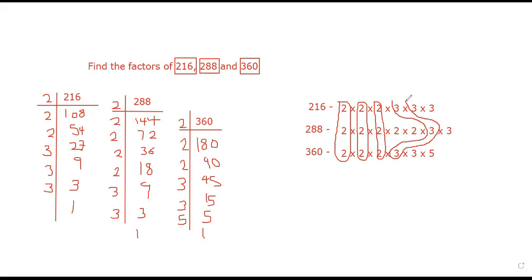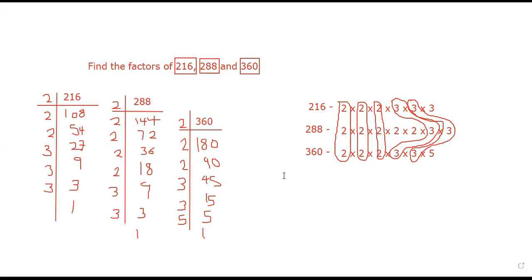You have to draw it carefully. 3 is also common. Okay, and then you look at it properly. We have just 3 on this side and 3 on this side, and there's no 3 on this side. So now these are the common factors.